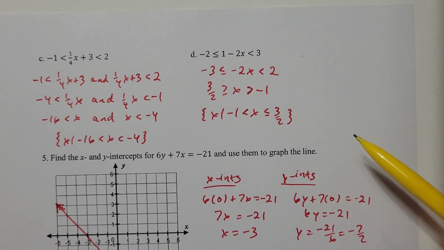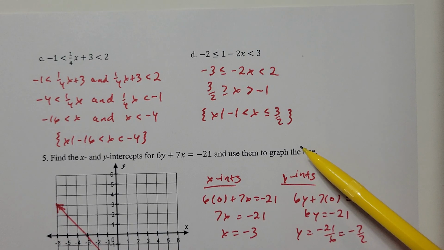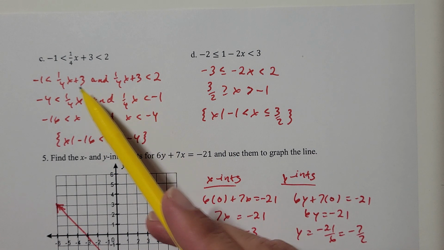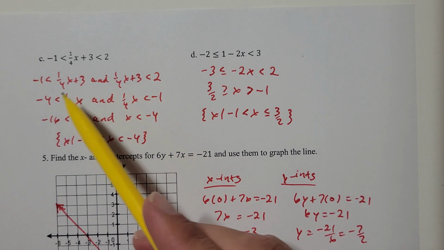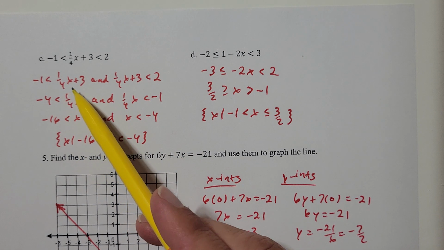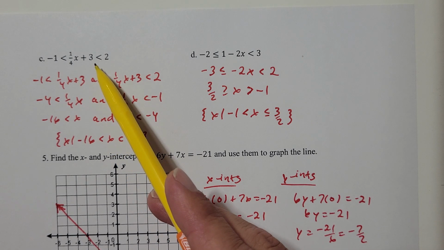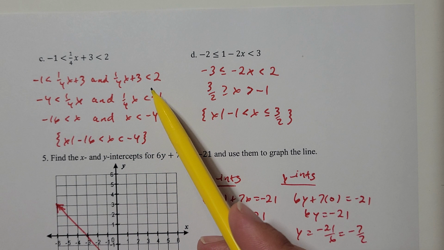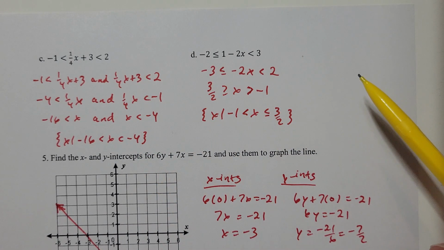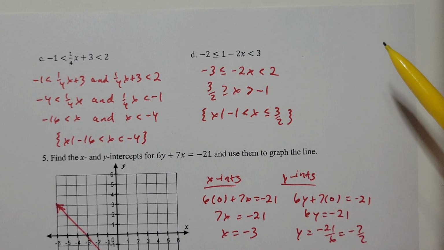To solve a three-part inequality, I can split it into two inequalities. I can say -1 is less than 1/4 x plus 3, and 1/4 x plus 3 is less than 2. And is a key word there. We'll talk more about that later on in this chapter.